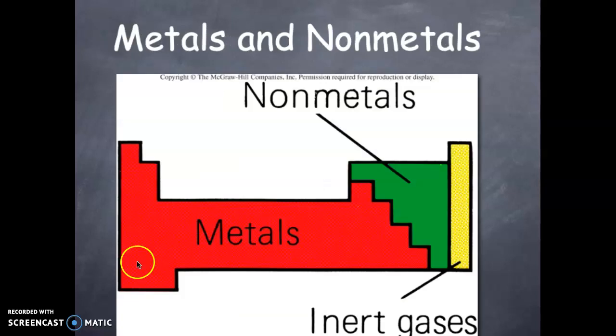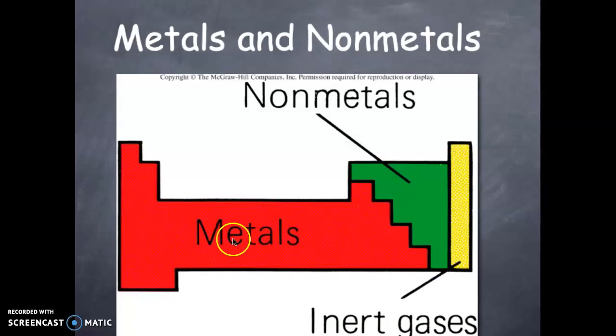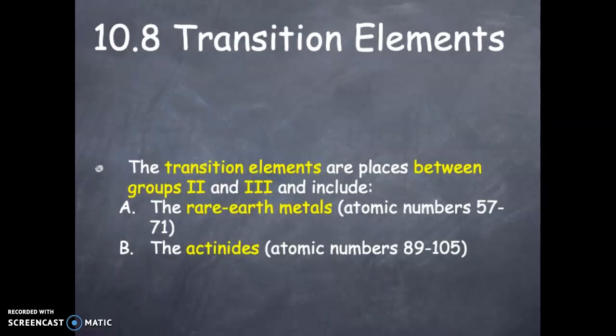You will find that there are more metals over here, the nonmetals are to the right, and the inert gases are listed there. So there are a lot more metals in the periodic table than anything else. These in the middle here are called transition elements as well.